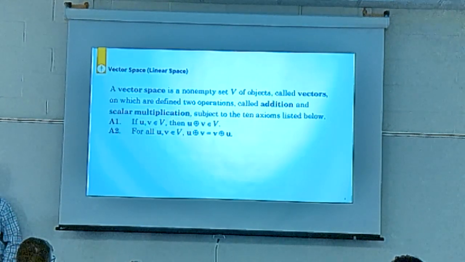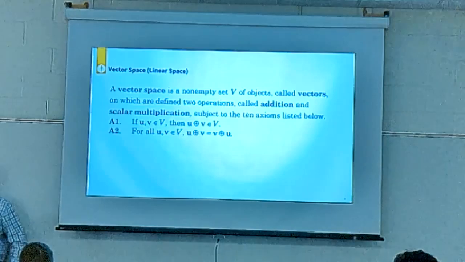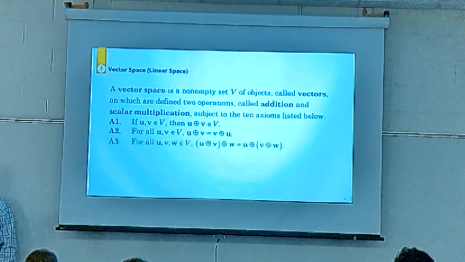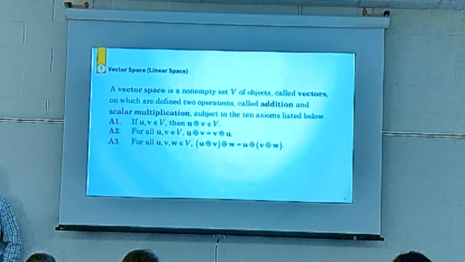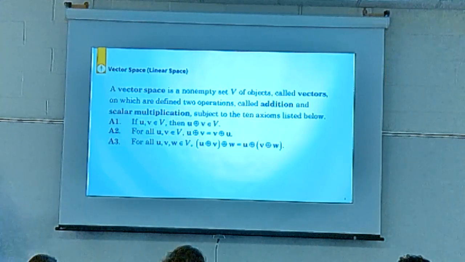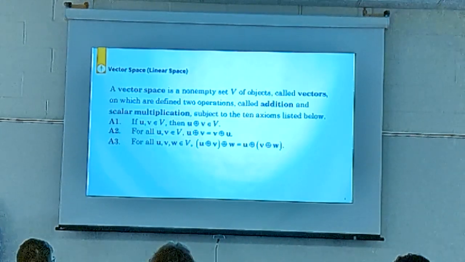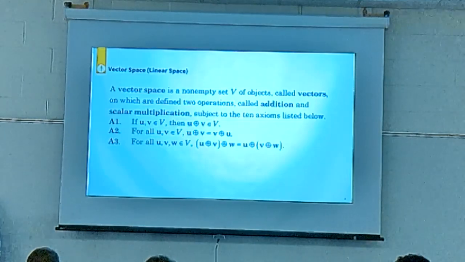And so our addition is commutative. For all u, v, and w, the quantity u ⊕ v ⊕ w is equal to u ⊕ the quantity v ⊕ w. So our addition is associative as well as commutative.